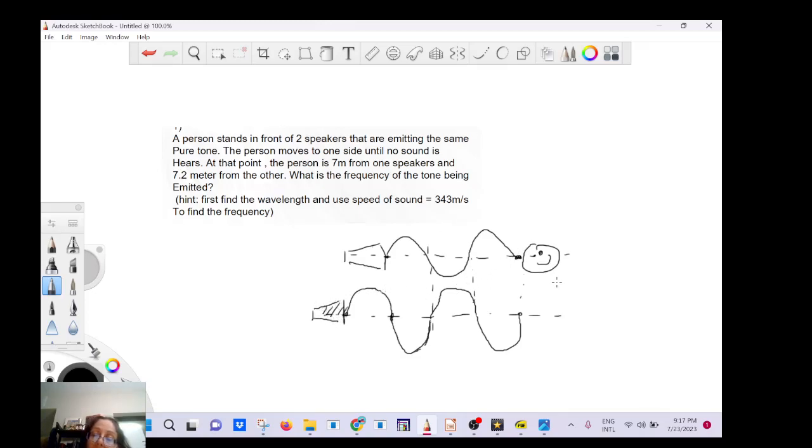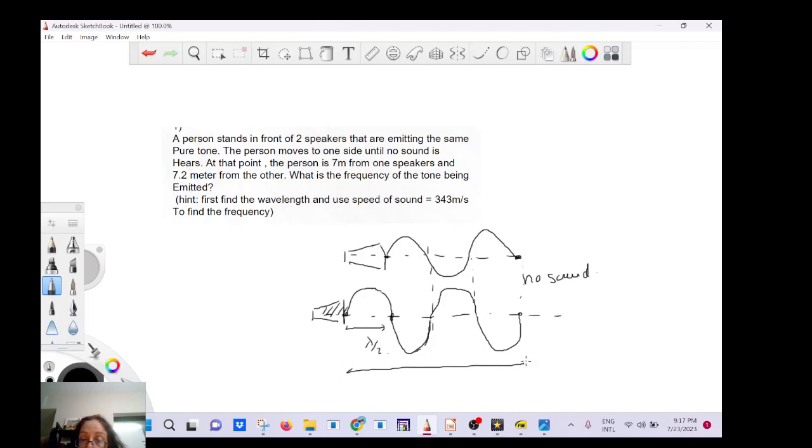So the result is that you're not going to hear any sound if you are located here. It's not a great drawing, but there is no sound. So they are shifted by half of a wavelength.